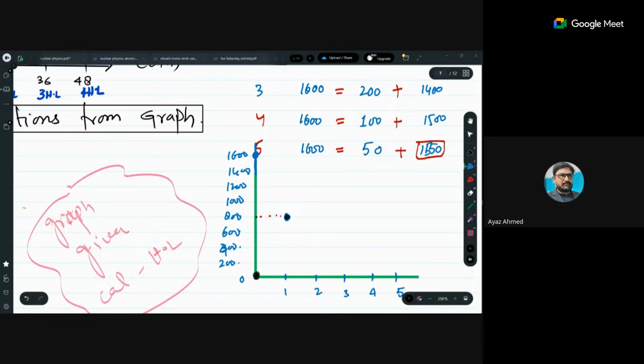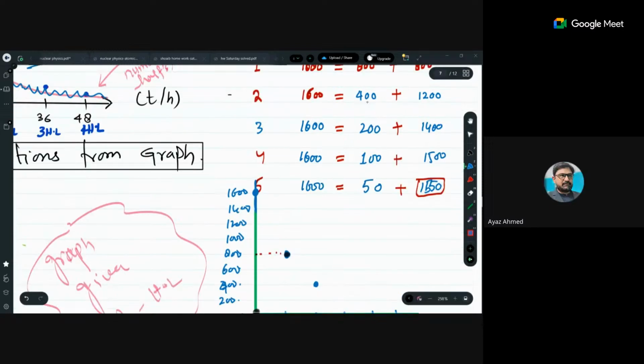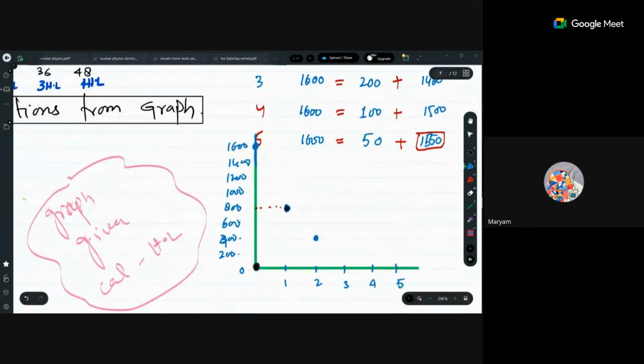Then after two half lives, what is left? 400. 400 are left behind. Then how many are decayed? 1200.